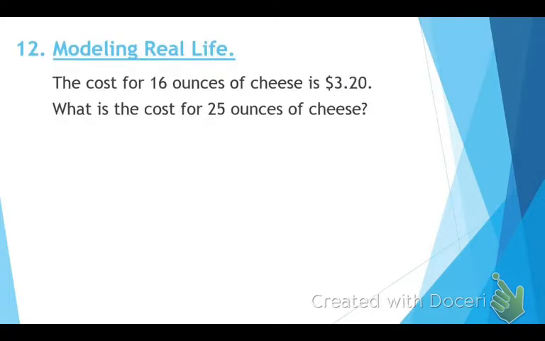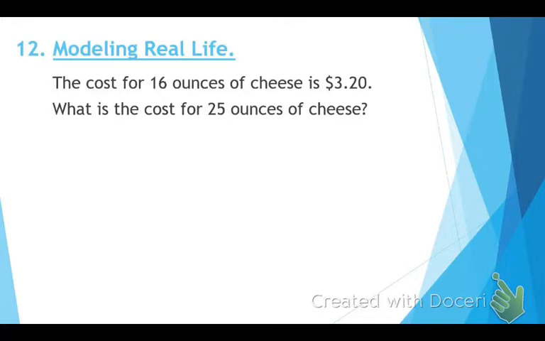All right, for this one, it's a modeling real life problem. It says the cost for 16 ounces of cheese is $3.20. What is the cost for 25 ounces of cheese? Remember, modeling real life, you always want to have some kind of unit attached. You're going to want to start off this kind of a problem by making a proportion, okay? So some kind of ratio set equal to each other.